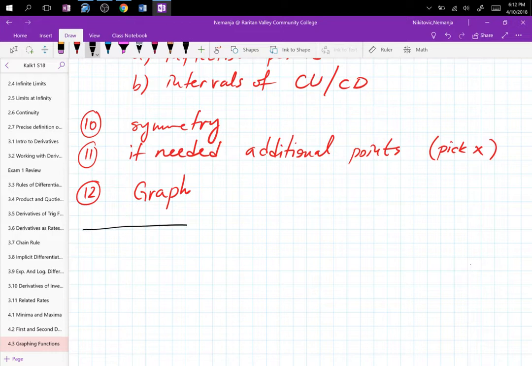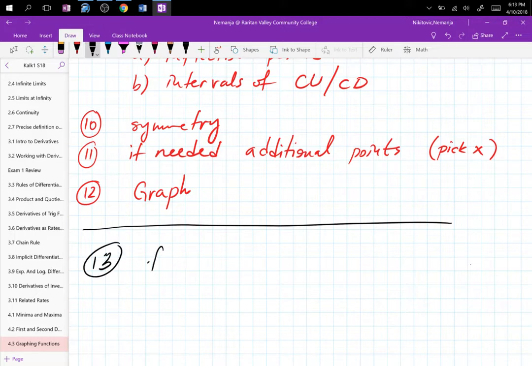So for this first example, we're going to go with one of the basic polynomial functions. How about number 13? Is 13 good? Okay, good. So 13 has f of x equal to (x minus 6)(x plus 6) squared.